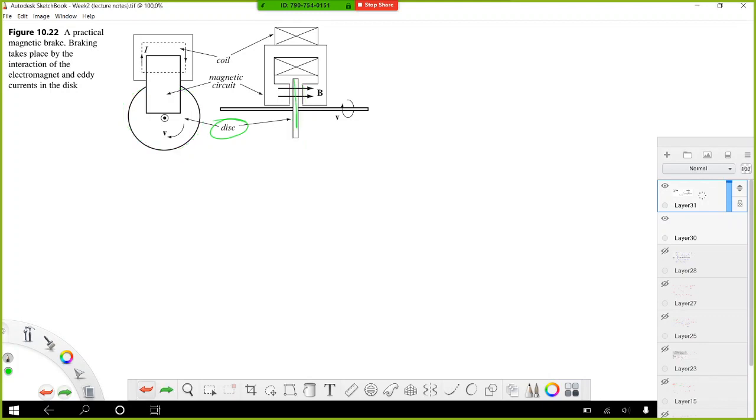This is also the disc, and it is installed on the axis of the vehicle.